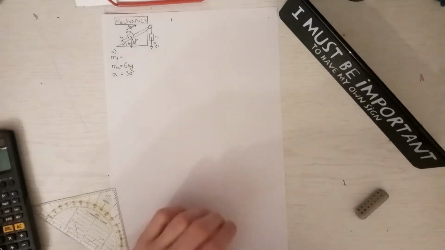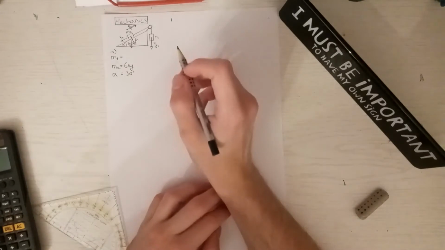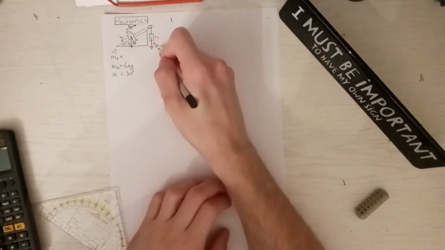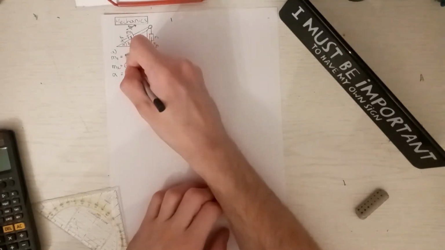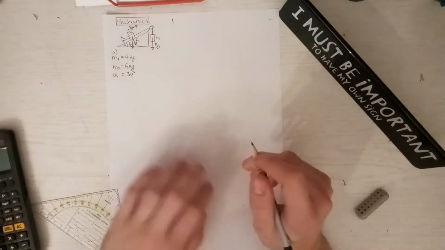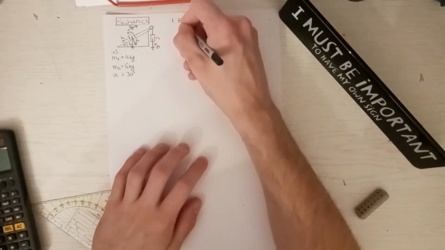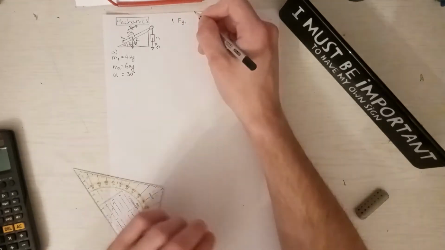So let's get started. For the first part of the exercise, that is part A, the exercise gives us the mass 1 being 4 kilograms. So I'm just gonna calculate the gravitational force of the first mass as the first step.